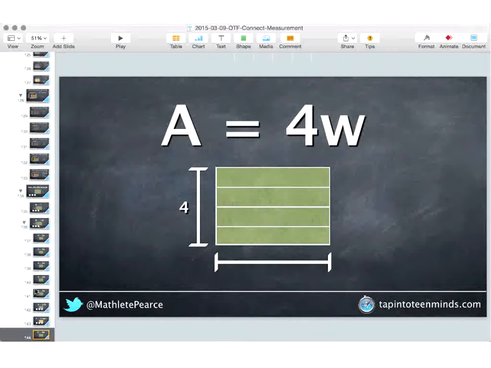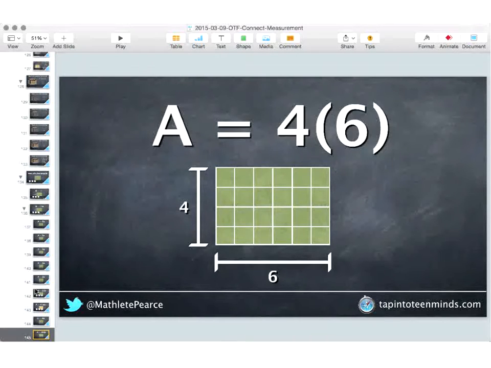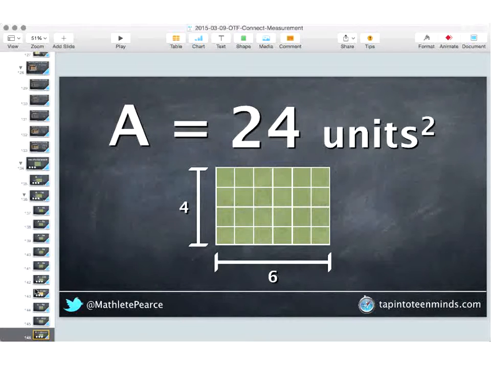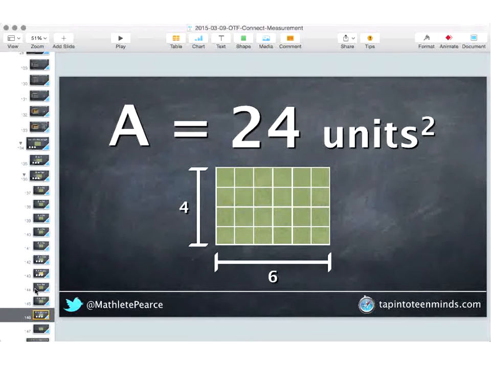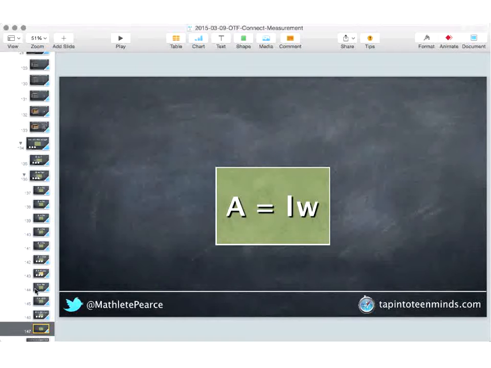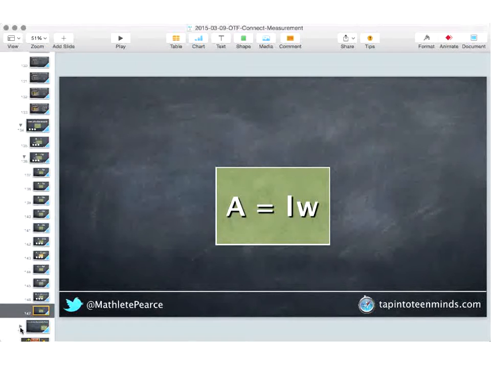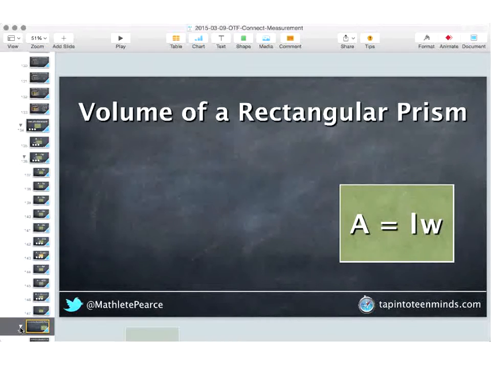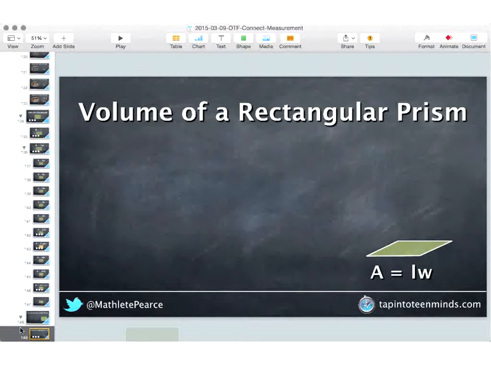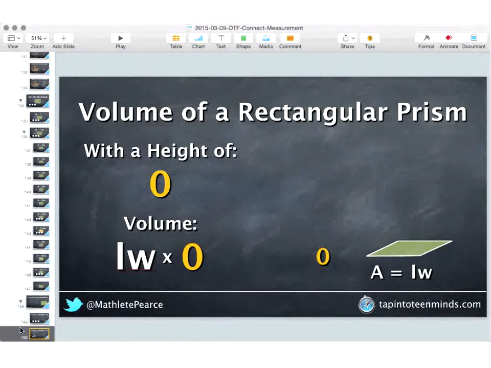If I have a width of 4 and a length of 6, we can quickly see that this has an area of 24 units squared. And then we can literally scaffold straight into the volume of a rectangular prism by students seeing that all we're doing is taking that area of the base, and the volume of a rectangular prism that has a height of 0 has a volume of 0.